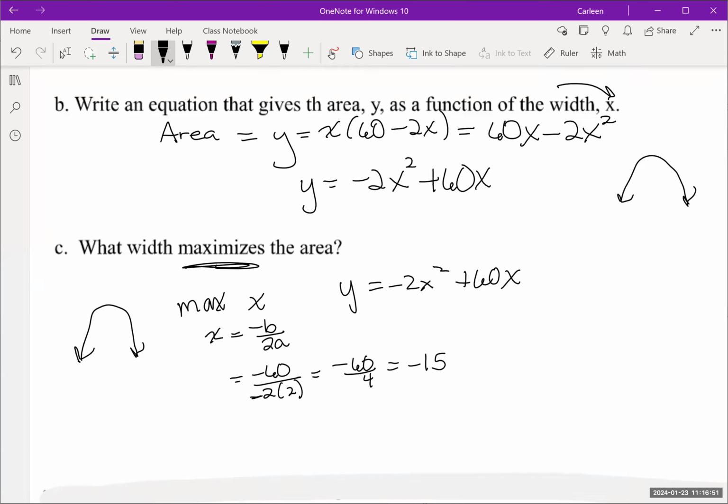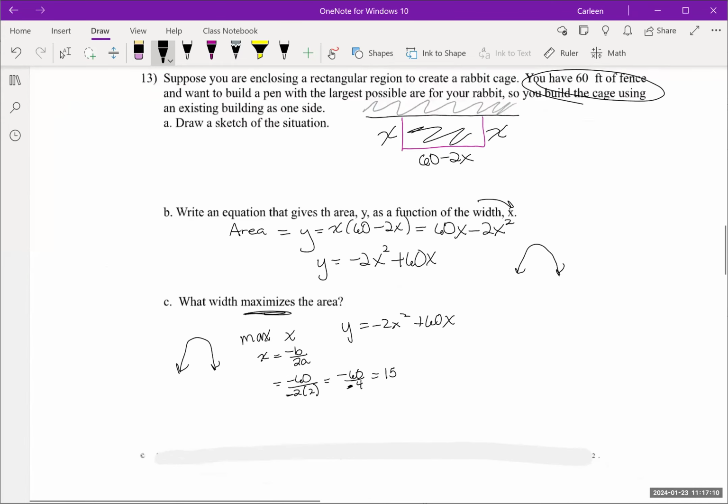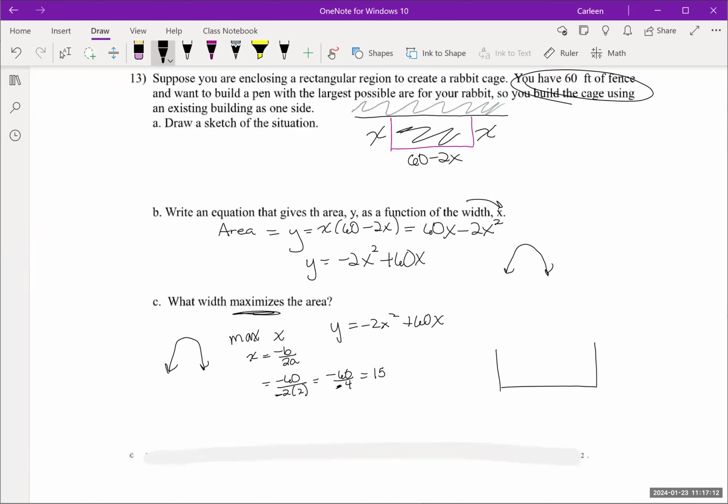A is negative, that's a negative. Okay, so the width that maximizes the area is 15.